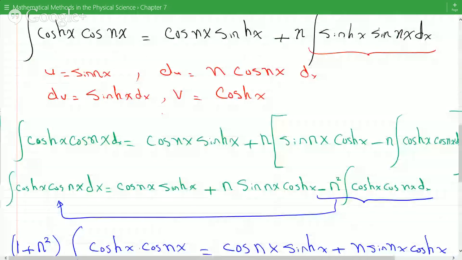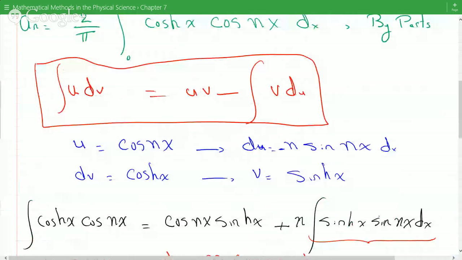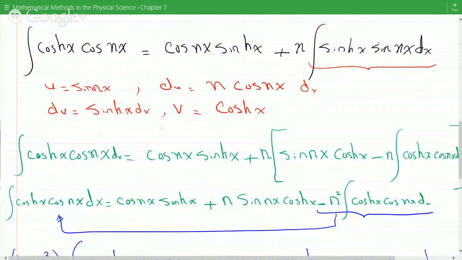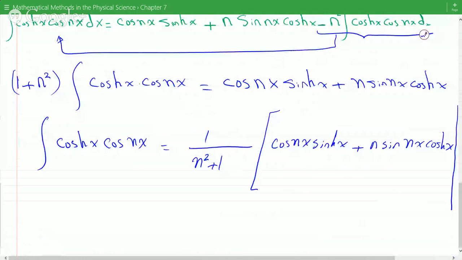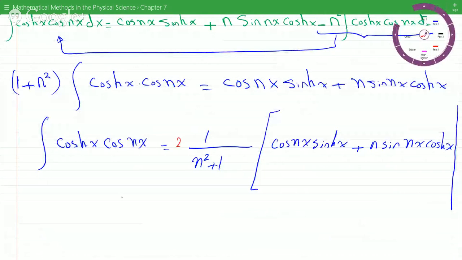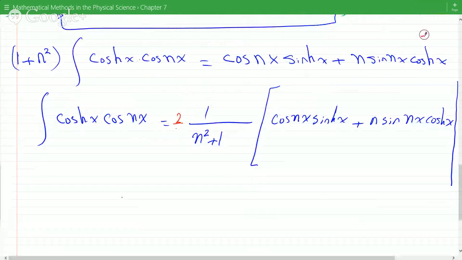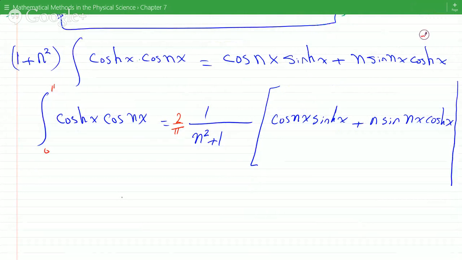Now we can go back to the bounds. The bounds were 0 and pi, and there's 2 over pi before it, right? So we have to evaluate this from 0 to pi. So this becomes 2 over pi times n squared plus 1.